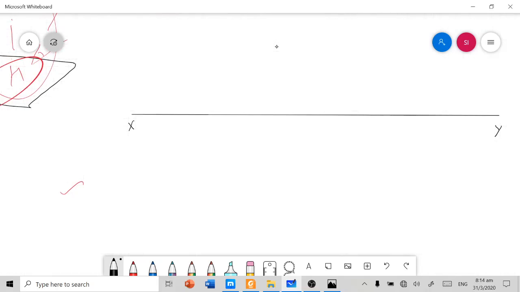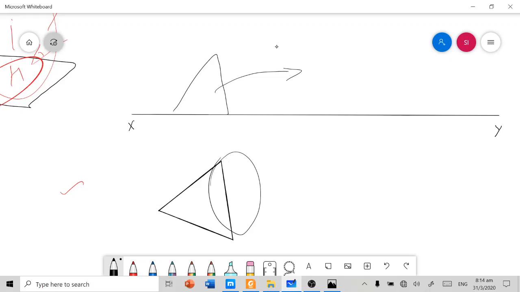So we need to maintain one base side perpendicular to VP, or perpendicular to XY, in the top view. Then only in the third stage, when you tilt the solid, will one base edge rest on HP.